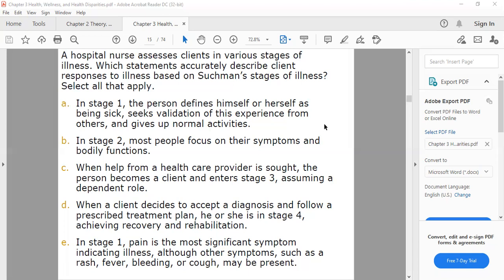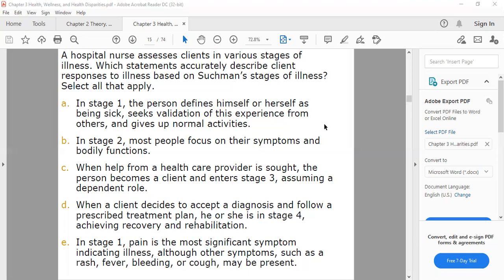Everything in the statement has to be true. So here's your problem with D. When the client accepts the diagnosis and follows a prescribed treatment plan, they're in stage 3. When they achieve recovery and rehabilitation, they're in stage 4. So there are actually 2 stages represented in this statement. Yeah, I see it now.